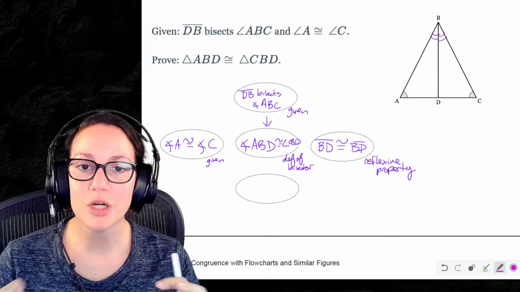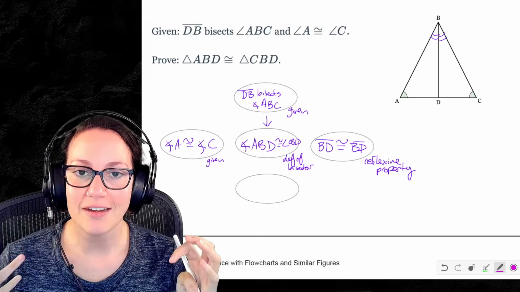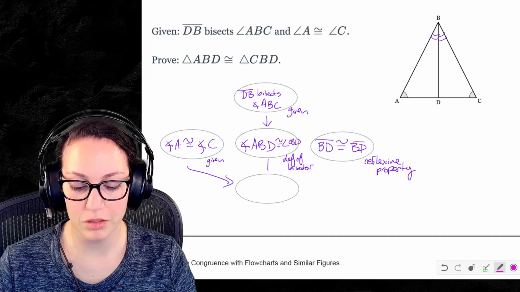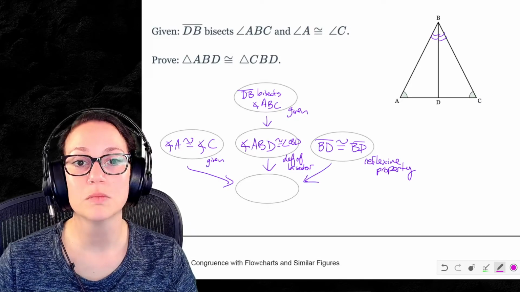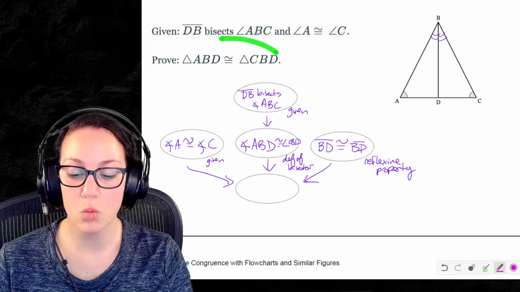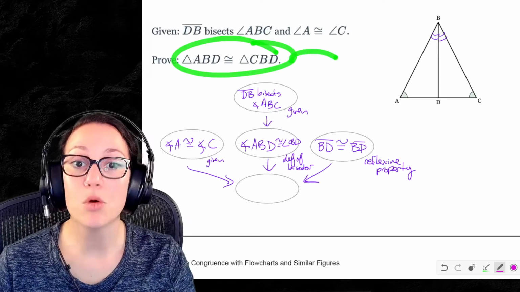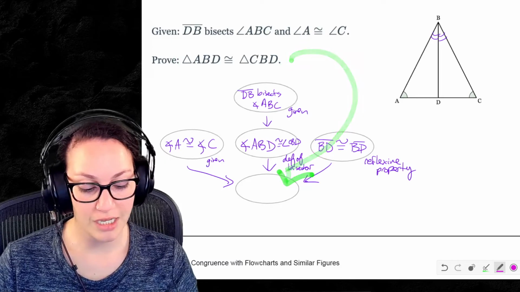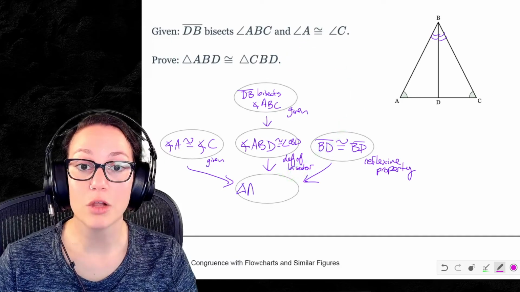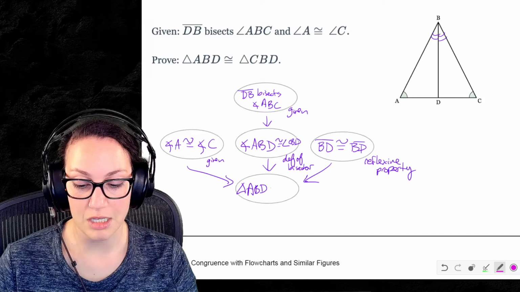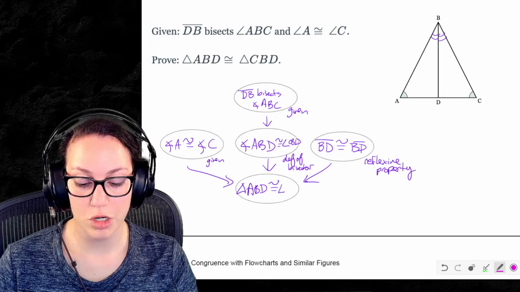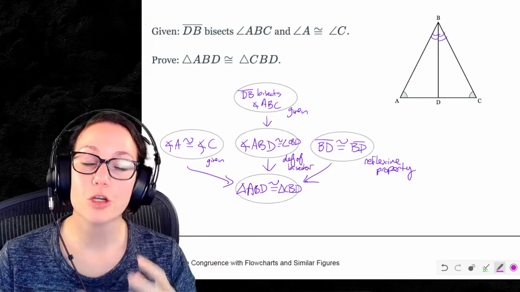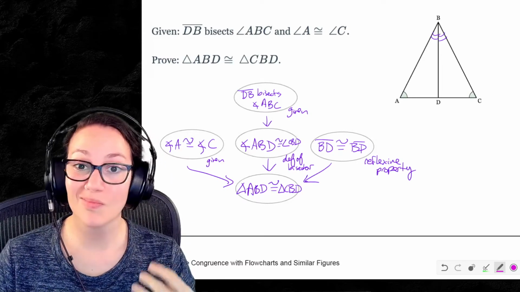Okay, so now we have to bring all these together and make our statement of congruence. So here's the bringing it together, arrow, arrow, arrow. And we always take what we're trying to prove and put it in our final bubble. In this case, we're trying to prove that triangle ABD is congruent to triangle CBD. When you're thinking about your triangle congruence theorems, you just think about what you have.